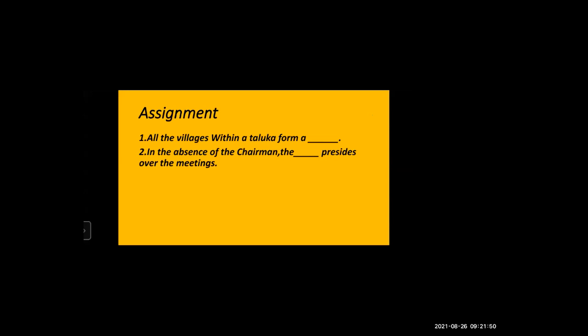If the chairman is not there, who is taking his position? Let us see what is given in the question. First read the question and then answer. Understand the question. In the absence of chairman, here I am asking about chairman. The dash presides over the meetings.